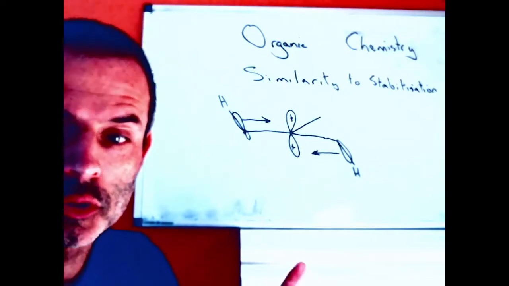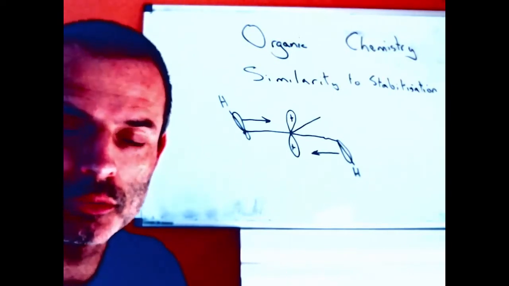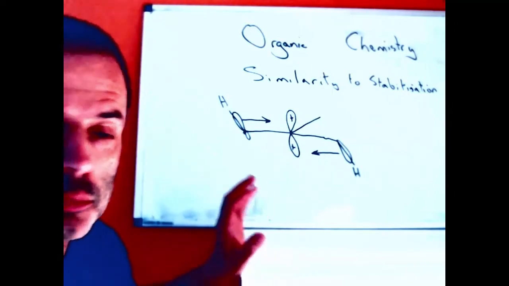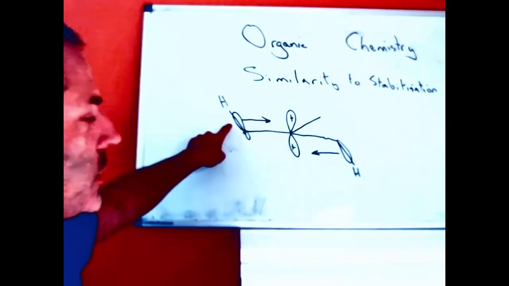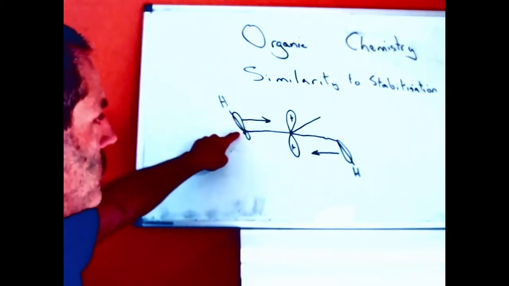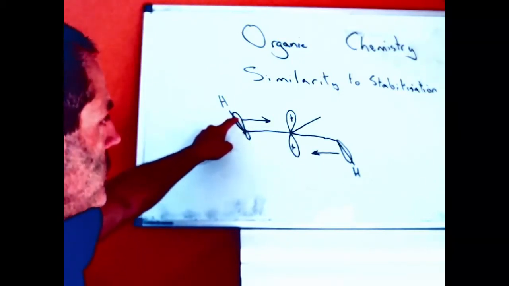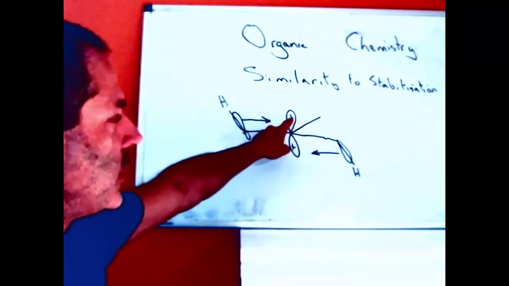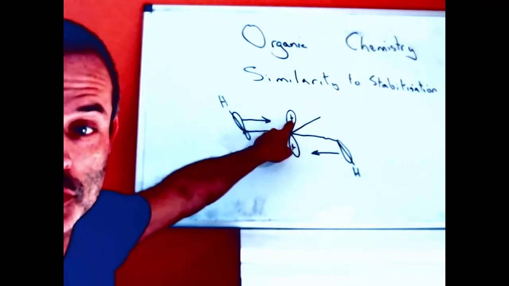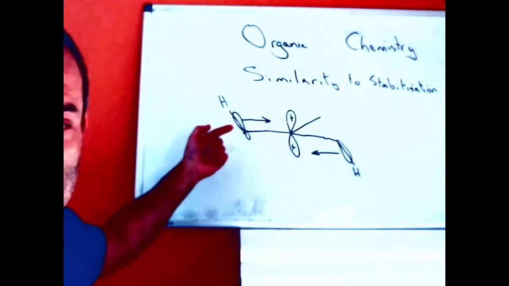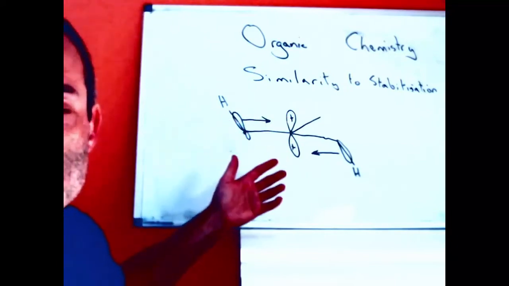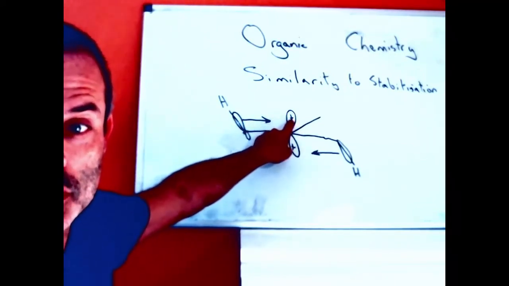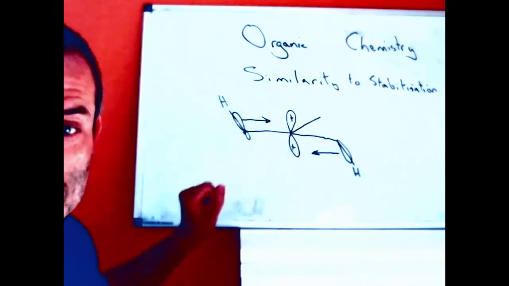So now I want to draw your attention to the similarity between both of these reaction mechanisms and the stabilization mechanism of our carbocation. If we have a methyl group, for example, over here, and one of the hydrogens is aligned so that the electrons in its orbital are in the same plane as the orbital that has no electrons in it, then we can have a transfer of electron density, sort of lending electron density from the bond to the empty orbital, which spreads the charge around.